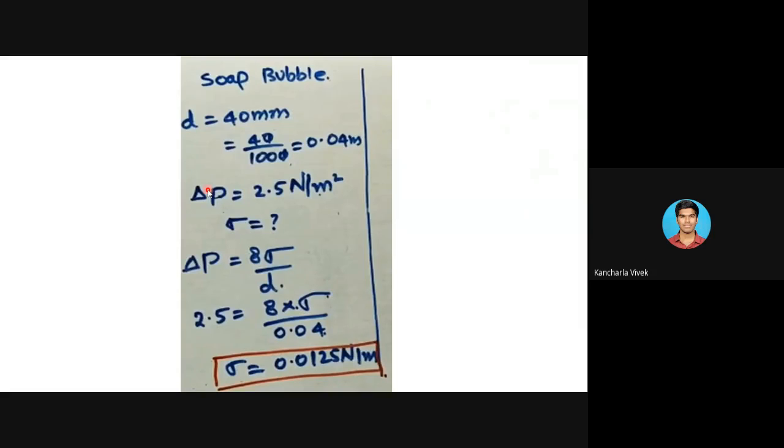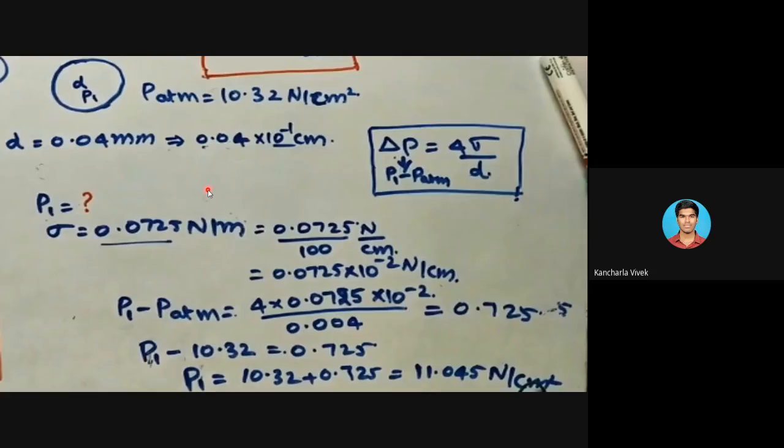Let's take a third condition. Here, in the given data, we have been given atmospheric pressure. Atmospheric pressure equals 10.32 Newton per centimeter square.